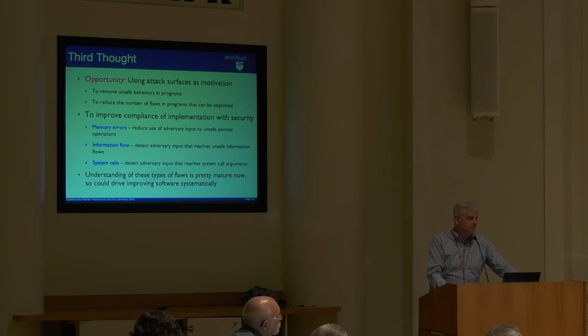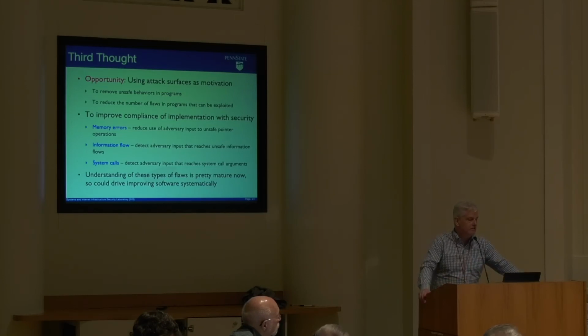So here, identifying that about 10–15% of your entry points are the ones that are going to receive untrusted input can hopefully enable us to focus with more confidence on dealing with the various types of problems that we face here, classified at a high level as memory errors, information flow errors, and the last one, the system calls, is the one we've been talking about.